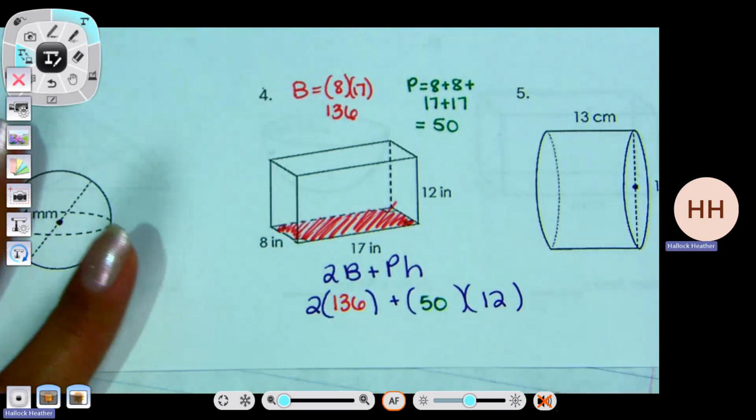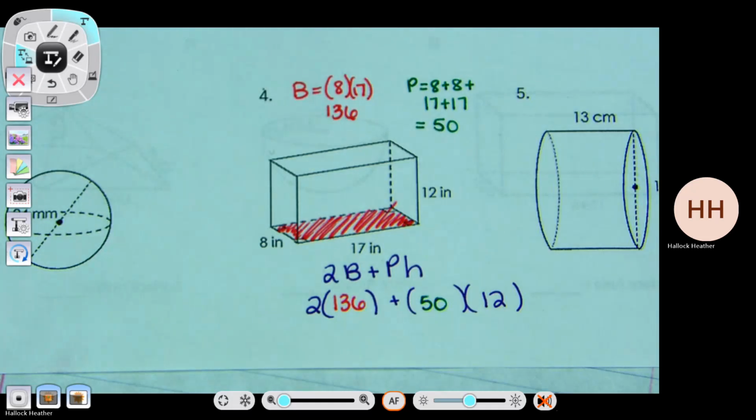You're multiplying them separately, and then you're adding it together. The length and width are this. And if you're using these two numbers for area, you should be using these two numbers twice for perimeter.